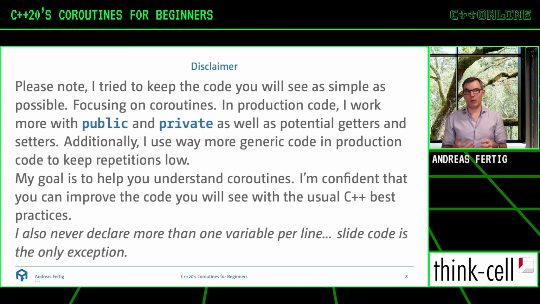So in production code, I would use way more public and private, as well as potential getters and setters. Additionally, I would use way more generic code in production to keep repetition low and to get away with fewer promise types. However, for the purpose of this talk, my goal is to help you understand coroutines, and I'm very confident that you can improve the code you will see with the usual C++ best practices, okay?